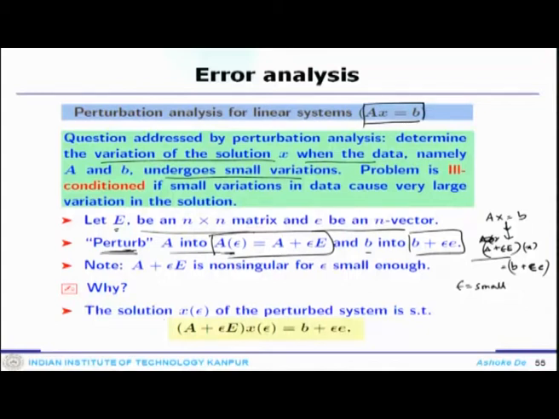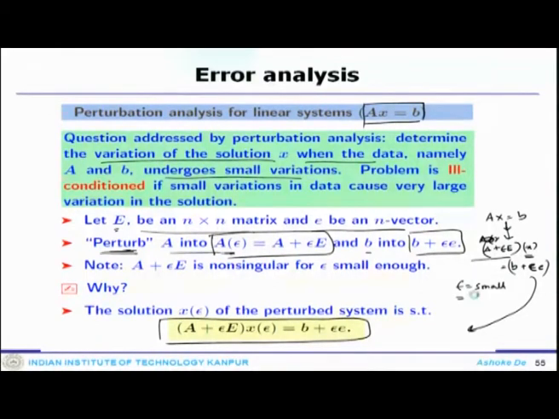Now, the solution x epsilon of the perturbed system is such that you get this system which I have written here, essentially (A plus epsilon E) x epsilon equals b plus epsilon e, and this solution you get for the perturbation of amount epsilon.